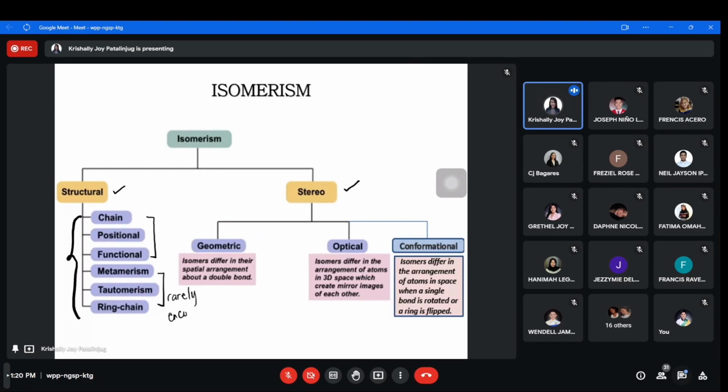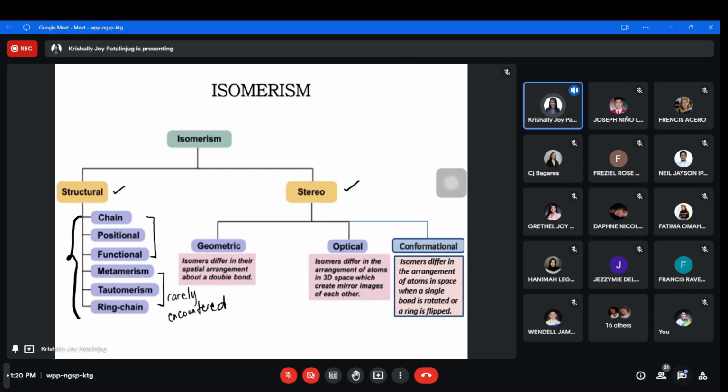Okay, rarely encountered lang sila. Pero i-discuss ko pa rin siya. Meron lang silang distinct properties or distinct structures kung saan sila na-observe. Then under stereoisomerism, we have the geometric, optical, and conformational. Next meeting naman natin yan i-discuss, yung under sa stereoisomerism.